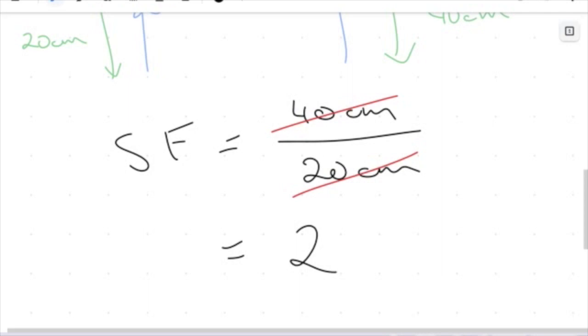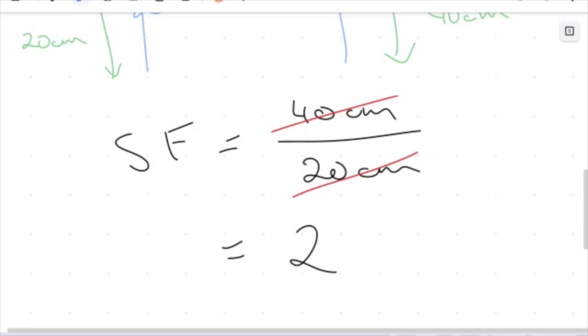Now you may notice I've crossed the centimeters out here. That is because I'm dividing units. So not only does my 40 and 20 cancel out, what a scale factor is, it isn't a measurement. It is just essentially how much the original has been multiplied. By what number has this been multiplied?